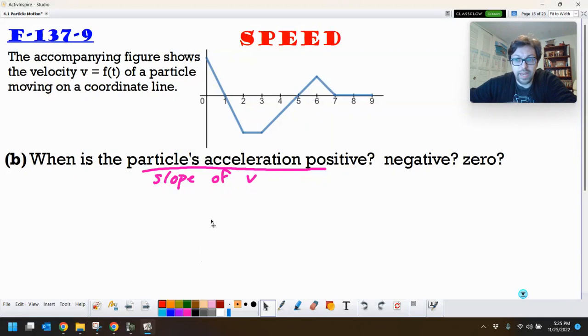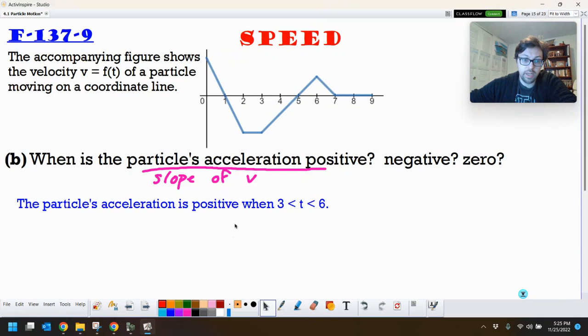So remember that acceleration piece that is talking about like what is the slope? Since this is a velocity graph, an acceleration is just talking about like what is going on with that second derivative. We don't have to match it up with velocity. So we have a positive acceleration we talked about from 3 to 6. Those were regions where the slope is positive. We have a negative slope right here.